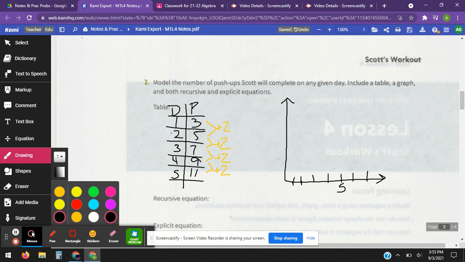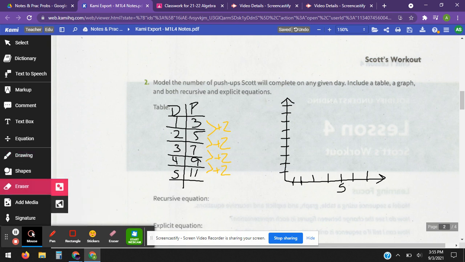Okay. So 2, 4, 6, 8, 10. Oh, they're all odd numbers. Okay, 1, 2, 3, 4, 5, 6, 7, 8, 9, 10, 11.